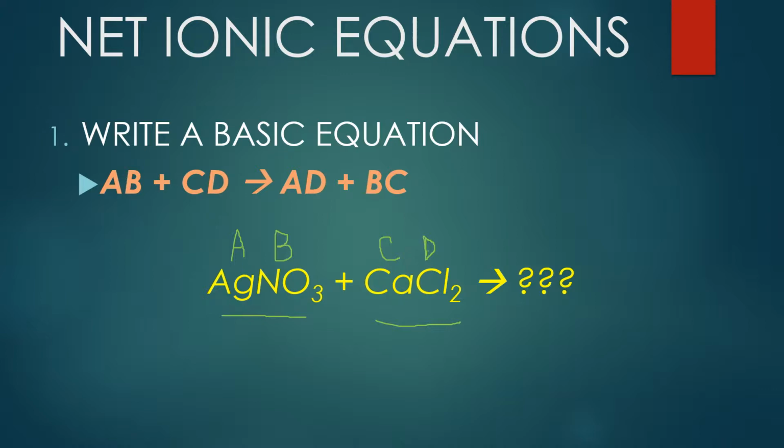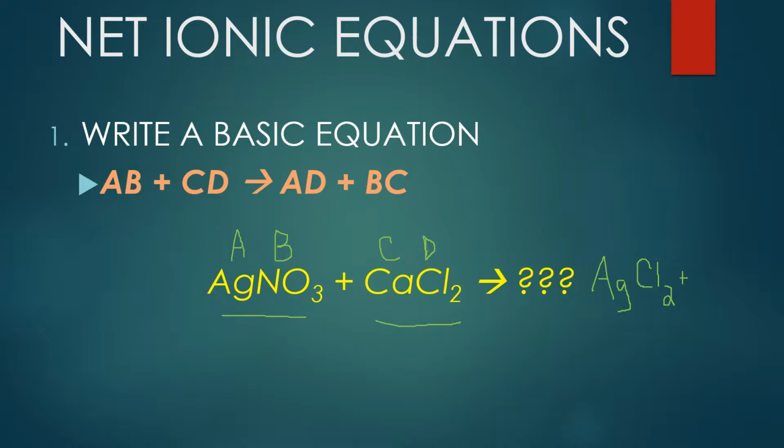On the other side of this yield arrow, we're just going to reshuffle these ions around. We're going to write first AD, which would be the Ag and D would be the Cl2, plus BC.